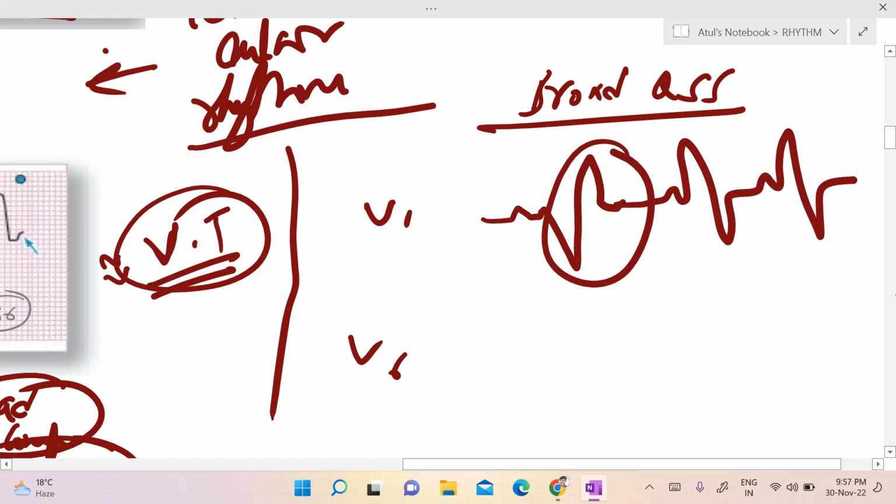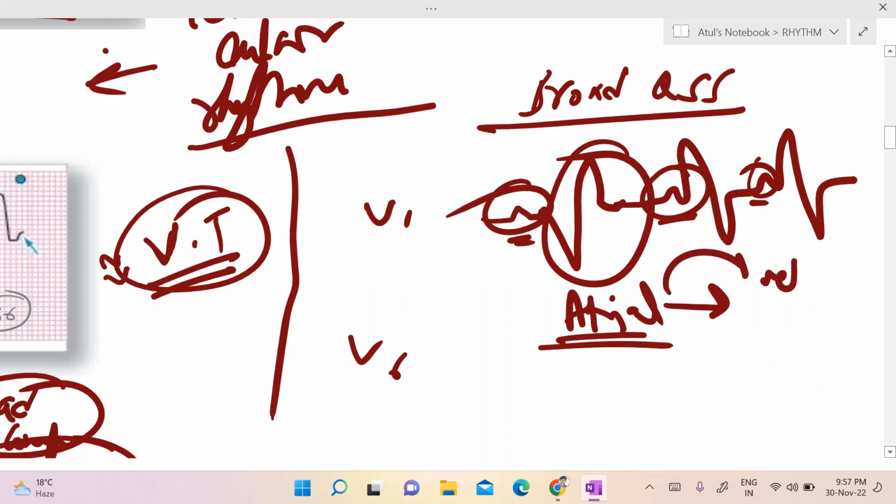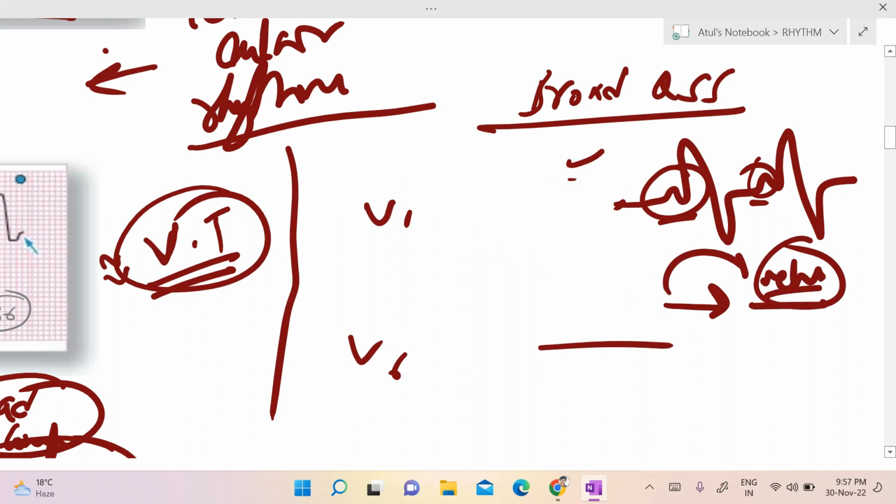So every broad complex is preceded by a P wave at regular intervals. This shows that there is sinus rhythm going into the ventricle, stimulating the ventricle. So every ventricular complex is preceded by a P wave at a regular interval. But this does not happen in VT.